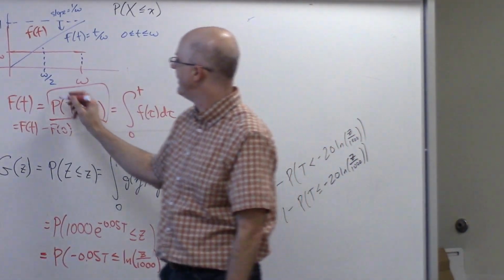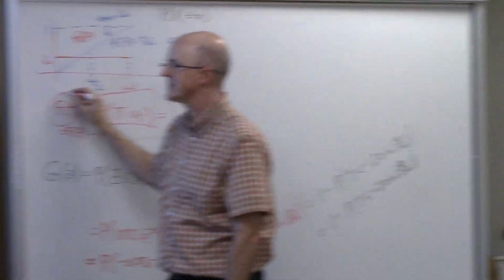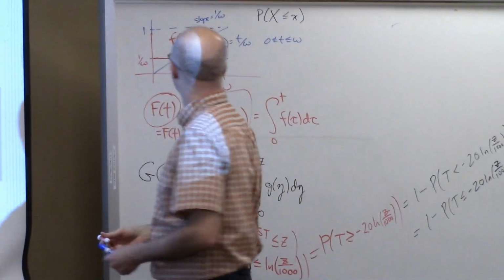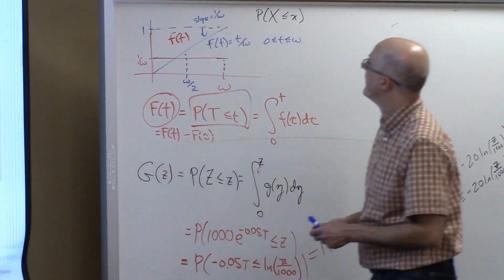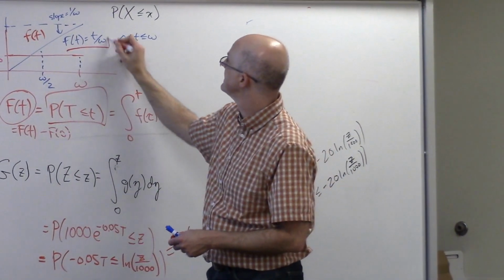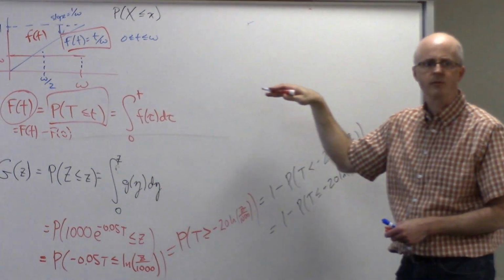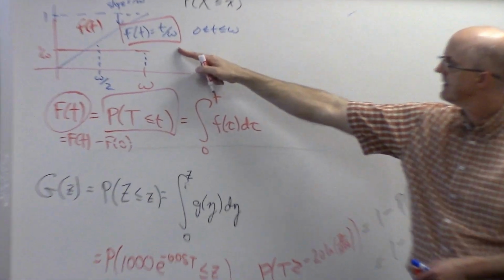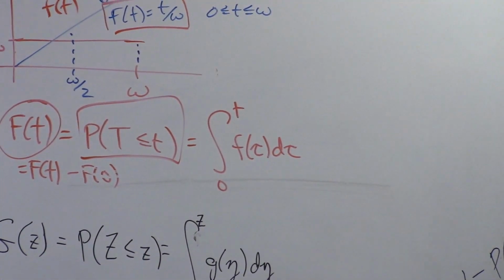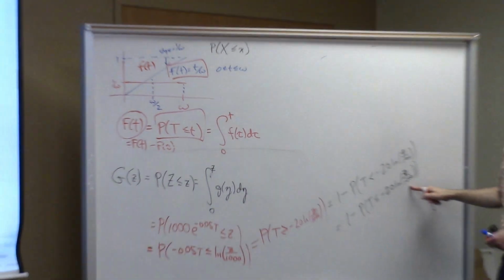Using the formula ultimately for capital F in this situation, which was this. We are dealing with T itself being a uniform distribution. There's the CDF. That's the capital F that I plugged this in for little t.